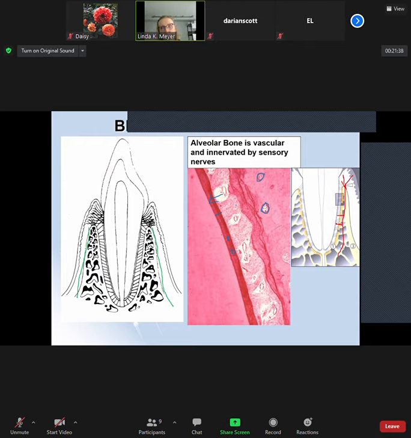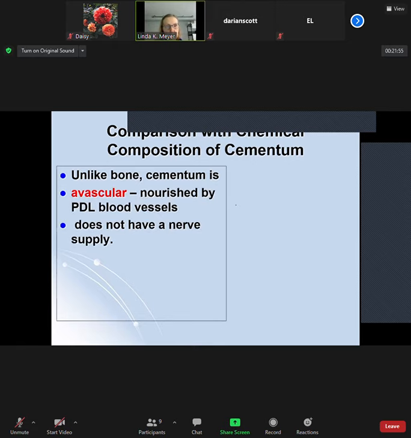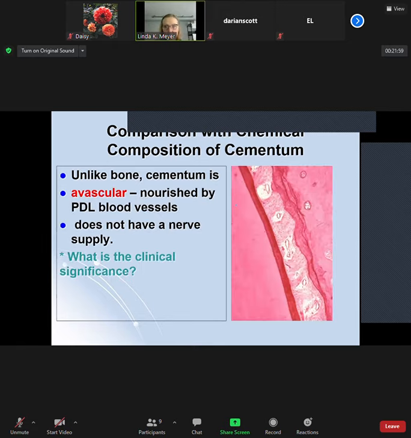Cementum has no nerves, so cementum itself technically is not sensitive. And we'll be talking about the clinical relevance later. Okay. So like I said, I'll focus on that later.